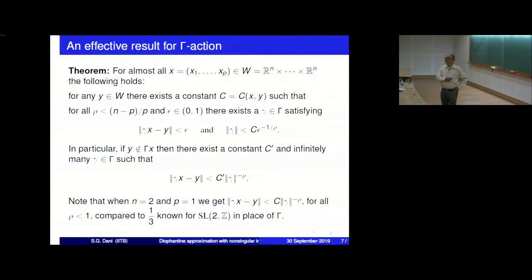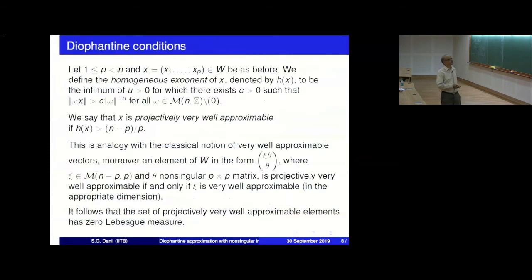Of course, these are meant to be linearly independent implicitly, and apart from that, the condition for almost all will turn out to be quite explicit. It's not just the existence of a set of full measure, but there's a Diophantine condition in terms of which we'll be describing the set. That is something that I'll take up next.